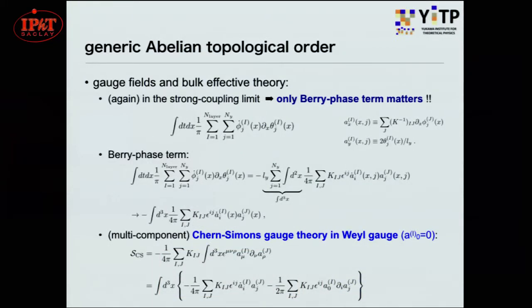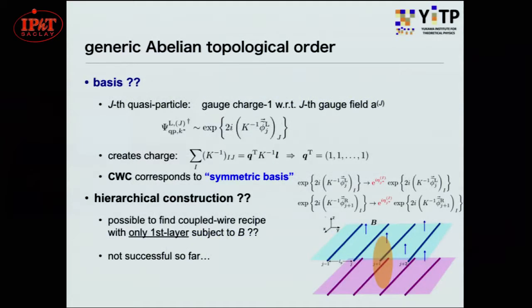Again, in the strong coupling limit, we can forget about the sliding Luttinger liquid part, and we get only the Berry phase term. If you plug these formulas into the Berry phase term, we get the Chern-Simons action in the Weyl gauge again. So now everything is fine.